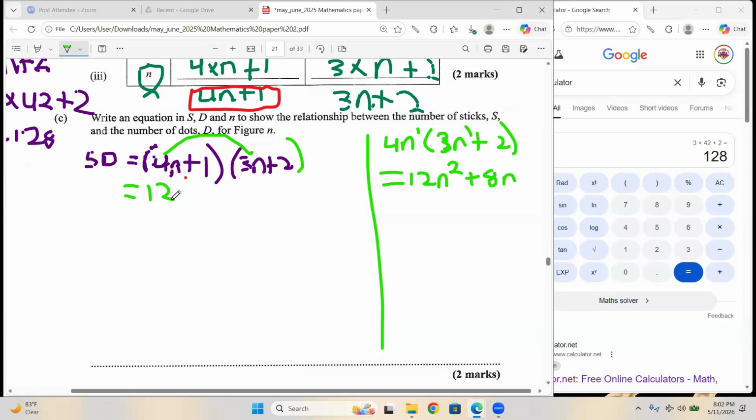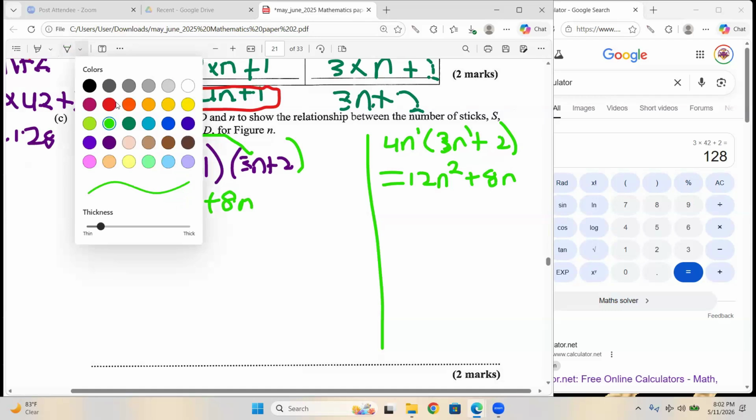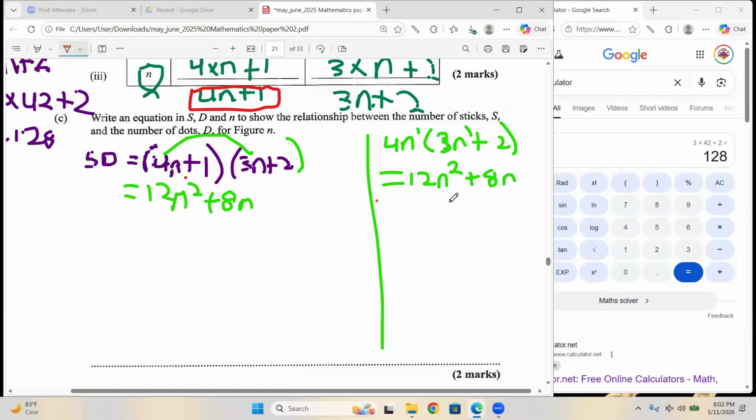So the first part thus far we have 12n squared plus 8n. And same thing again, we're taking the number 1. We don't even have to do that, because any number or term you multiply by 1 doesn't change. But just to show, 1 by 3n is still 3n. 1 by 2 is still 2.